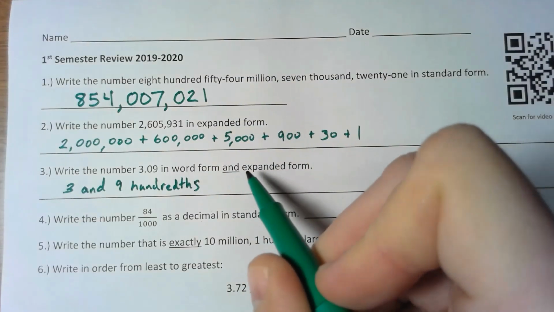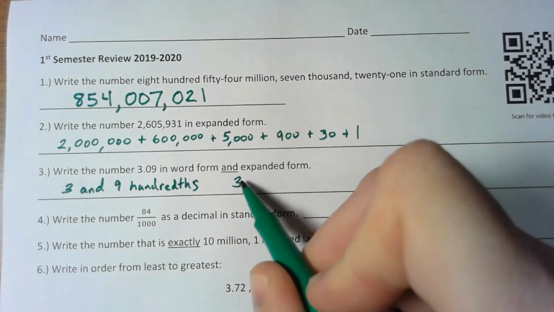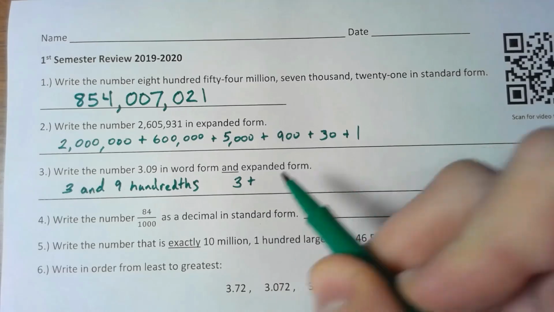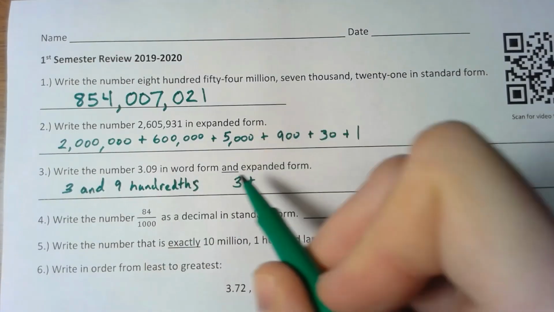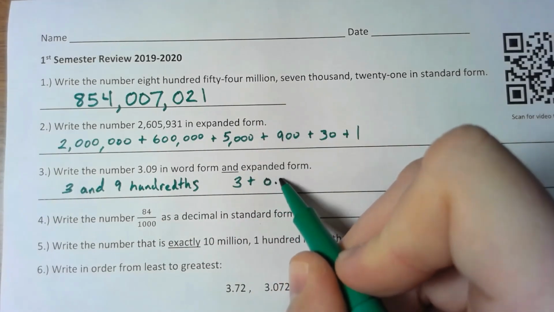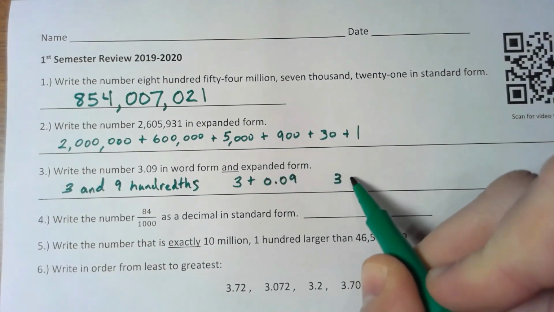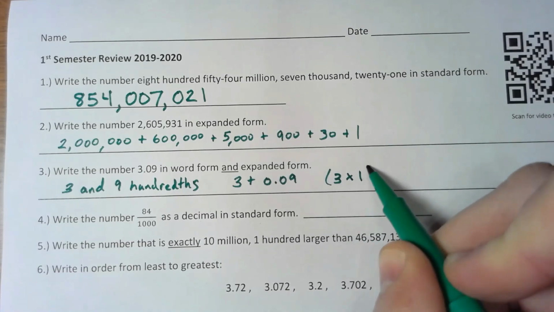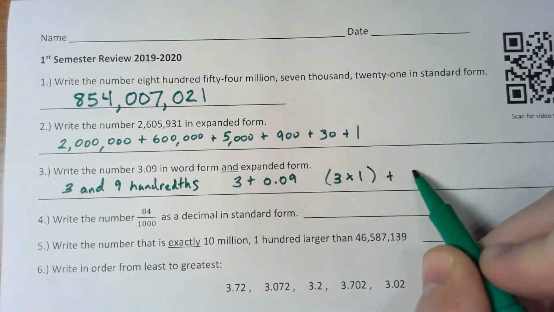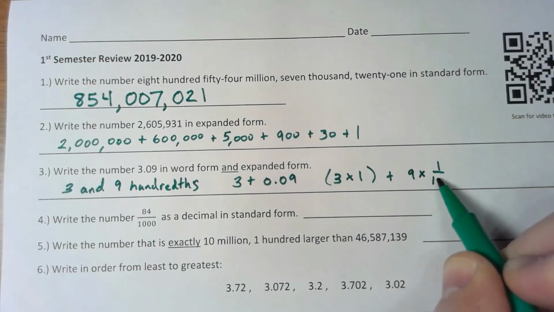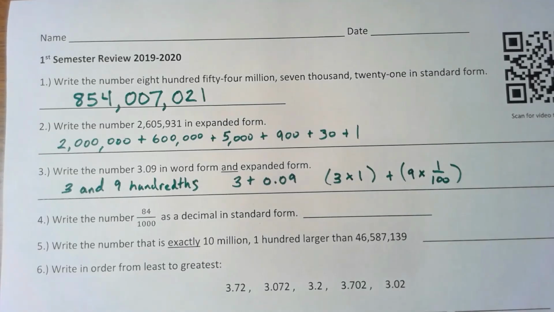In expanded form, the 3 is worth 3, the 0 is worth nothing, so I don't need to write anything, and the 9 is worth 9 hundredths, so I'm going to write that as 0.09. I could also write this as 3 times 1 plus 9 times 1 hundredth. That's exactly the same thing.